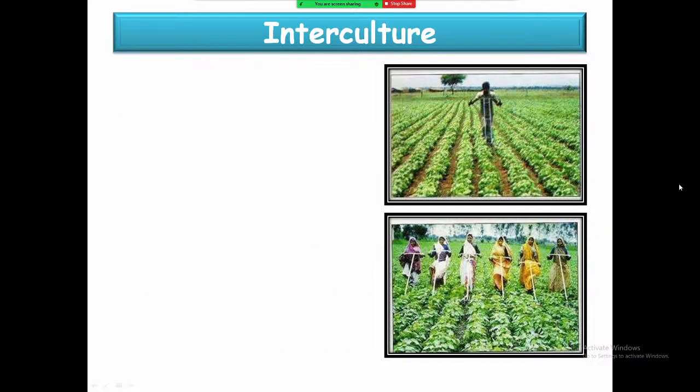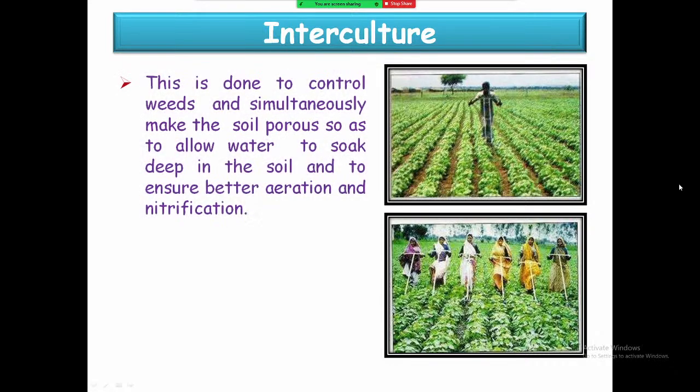Then the next one is intercultural operations. What operations do we carry out during the cultivation of the mulberry plant? We do the intercultural operation to control the weeds.